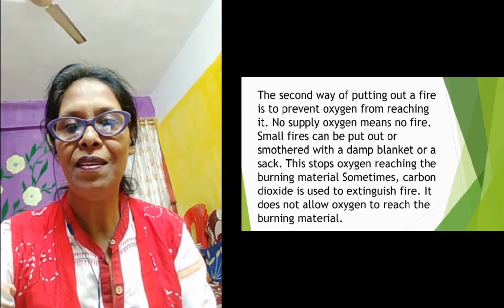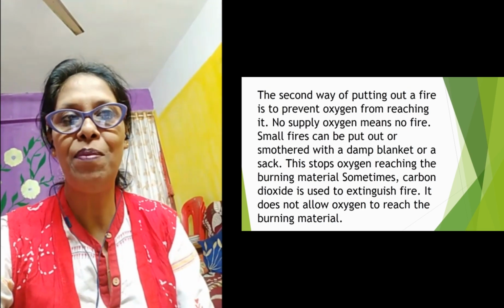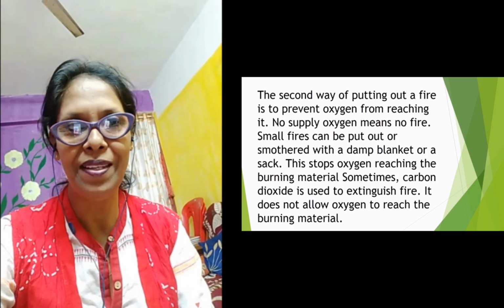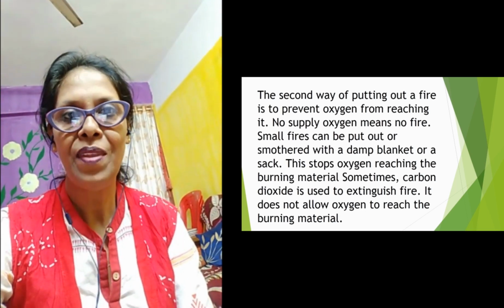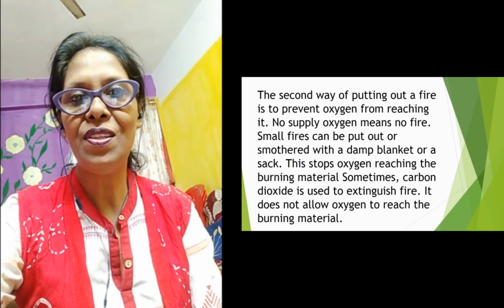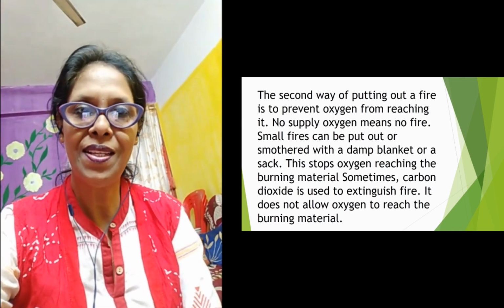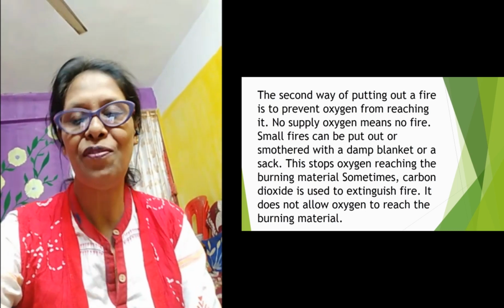And next, the third one is the damp blanket. We use a damp, wet blanket or sack. This stops oxygen reaching the burning material. Sometimes carbon dioxide is used to extinguish fire.